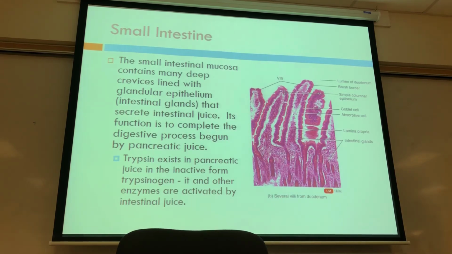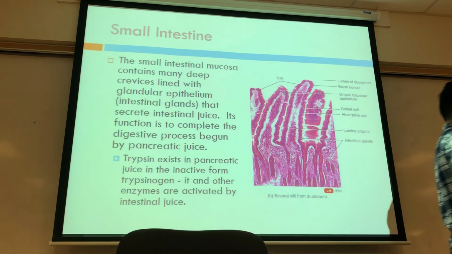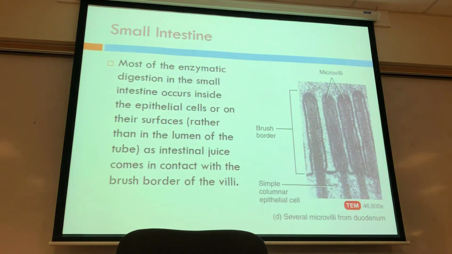Trypsin comes in and allows for the breakdown of our proteins. They all get activated by stuff that's present in the intestinal juice, and that helps activate the catabolic breakdown of these proteins. There's other enzymes involved which you don't need to know, but there's other what are called colipase that help break down additional fats. Again, moving from big molecules down to small molecules once we make our way down the intestine.